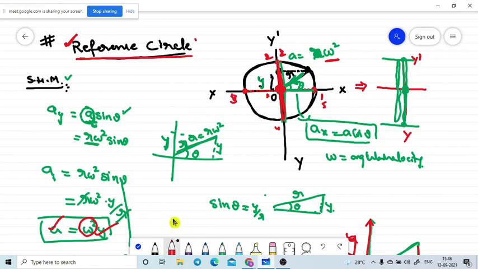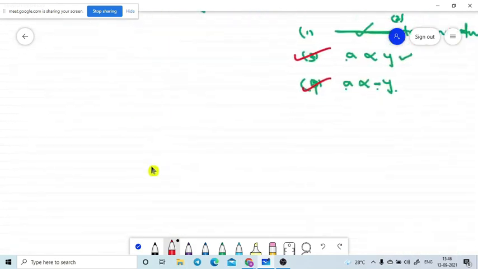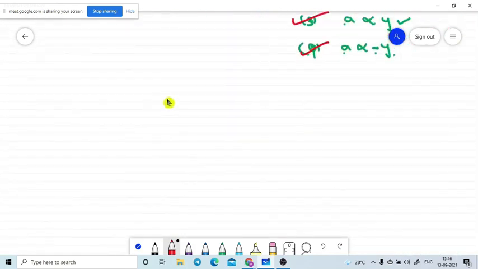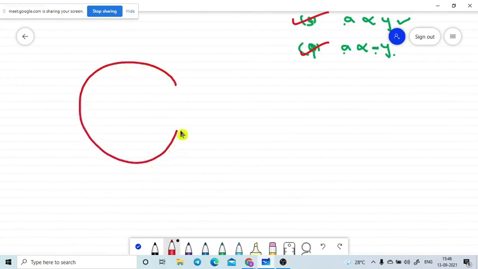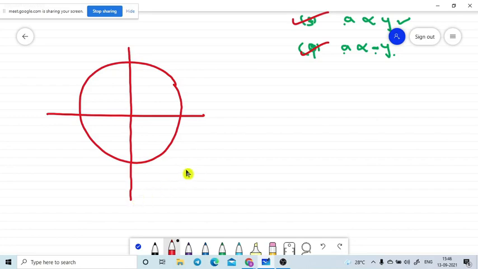Let me move on to another concept. Now we draw the reference circle like this. The reference circle is a diagrammatic representation of a particle moving on the circumference of a circle of constant radius r, in the anti-clockwise direction with angular velocity omega.